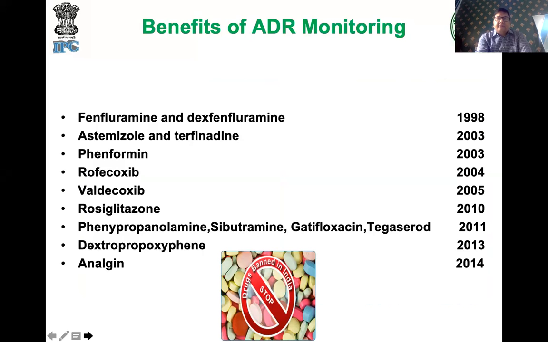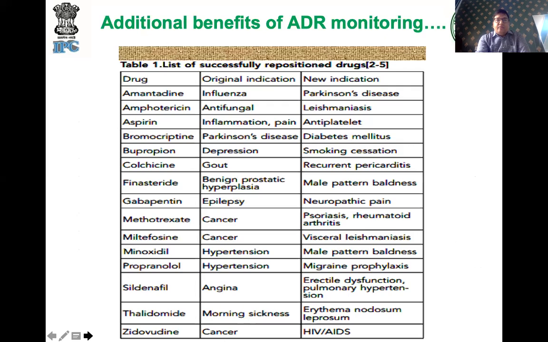So what are the benefits of ADR reporting? These are certain drugs which have been banned because of the continuous reporting of ADRs related to their use. One additional benefit of ADR monitoring is that while reporting the different ADRs, we came to know about newer indications of older drugs, like amantadine, which was originally devised for use in influenza.